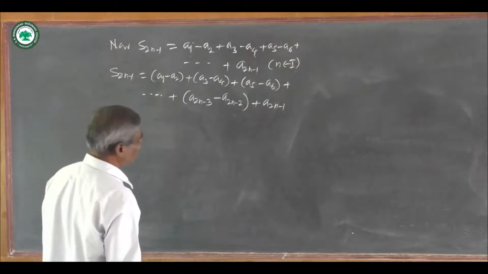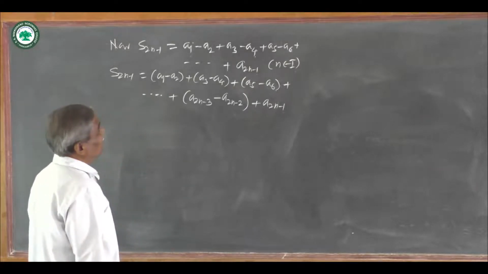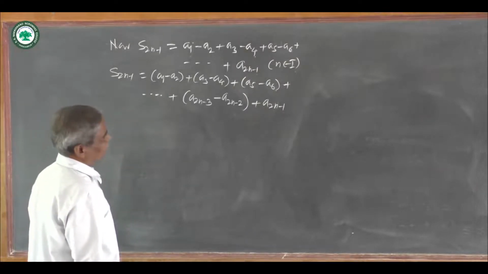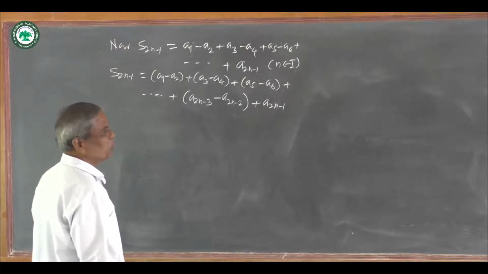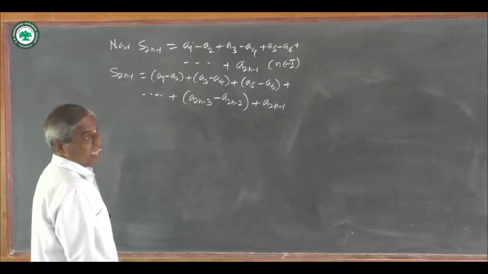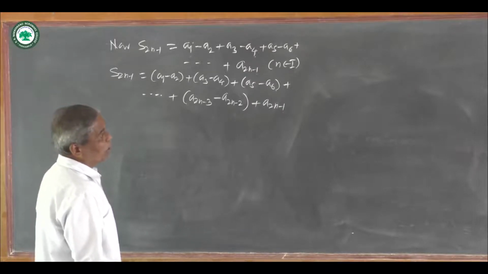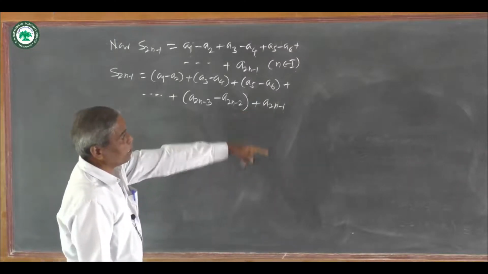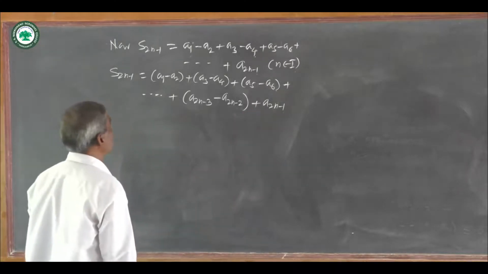Since by hypothesis each bracket on the RHS is positive, and by 1 the sequence n equal to 1 to infinity is a sequence of positive terms, therefore A suffix 2n minus 1 is also positive.